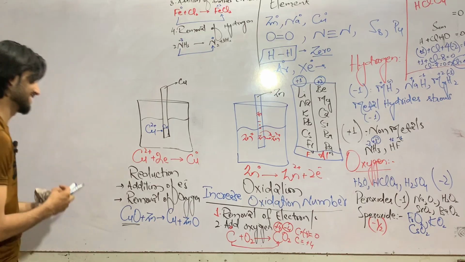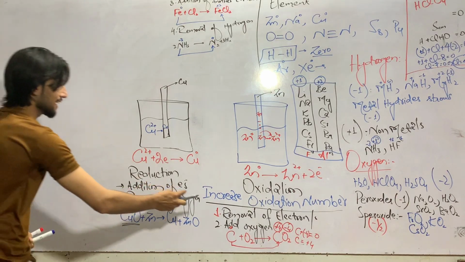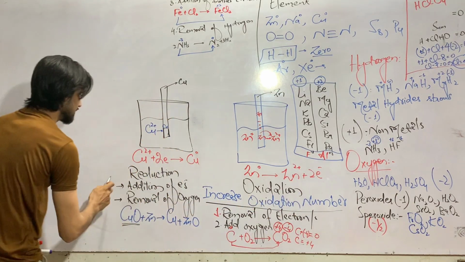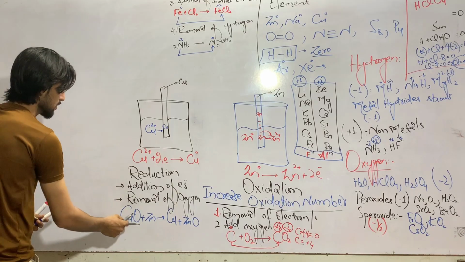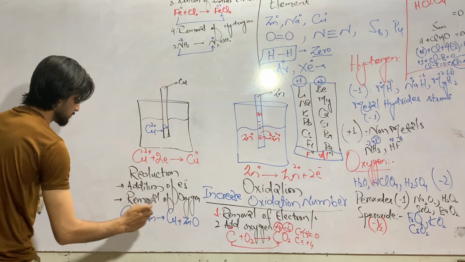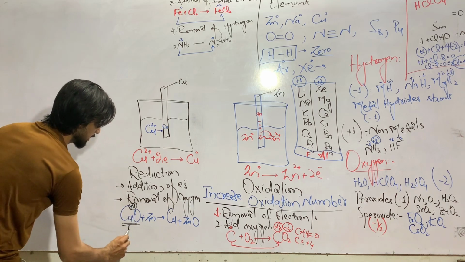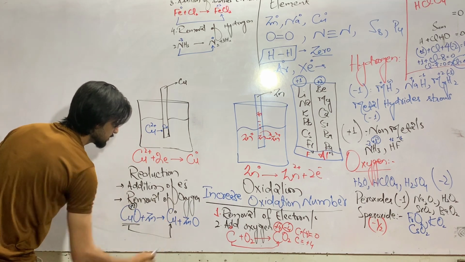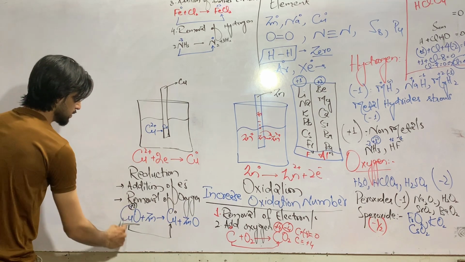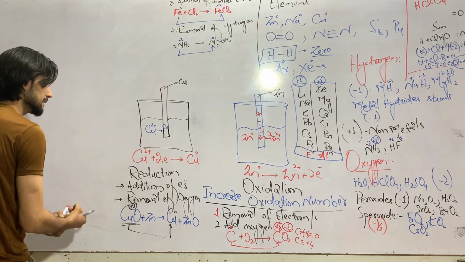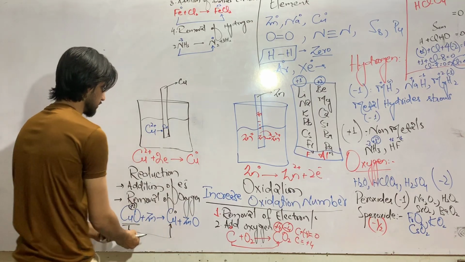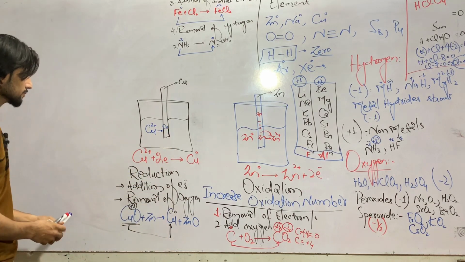Again, here it is the increase in oxidation number, and this is a decrease in oxidation number. I can prove it. Here copper is in +2 oxidation state, and now copper over here is in 0 oxidation state. So from +2 to 0 is the decrease in oxidation state. This decrease in oxidation is called reduction.